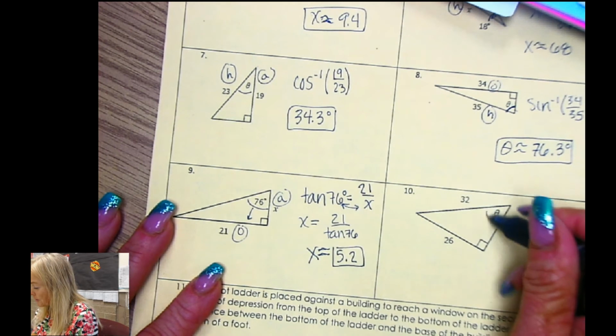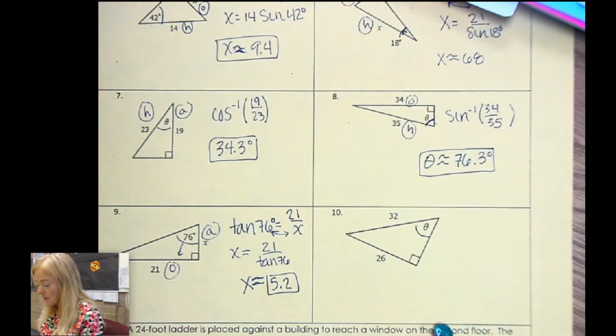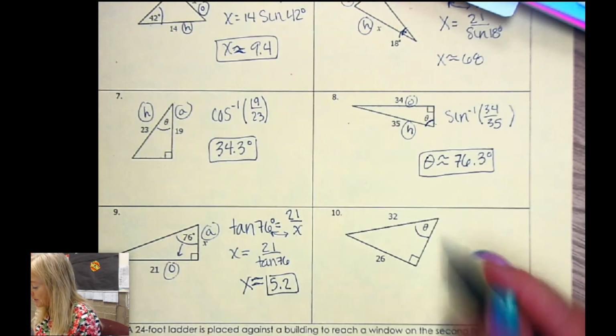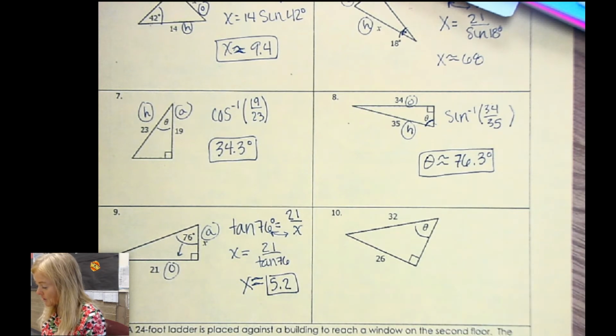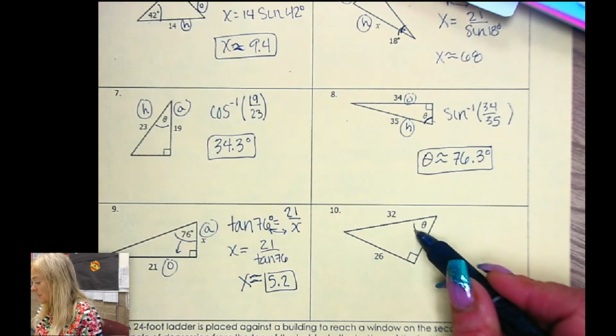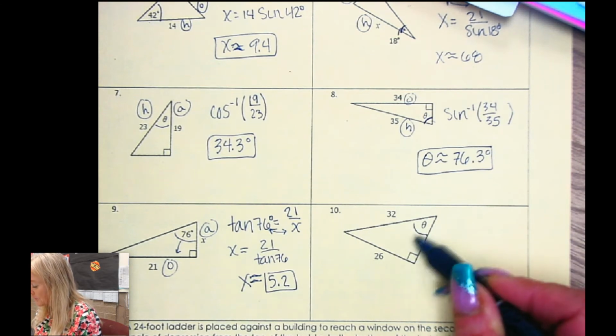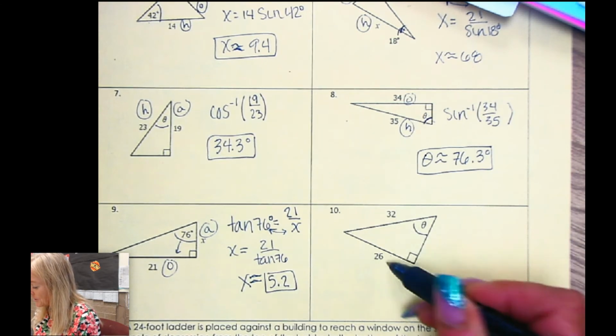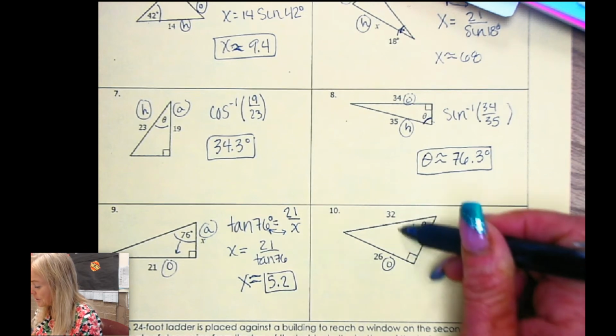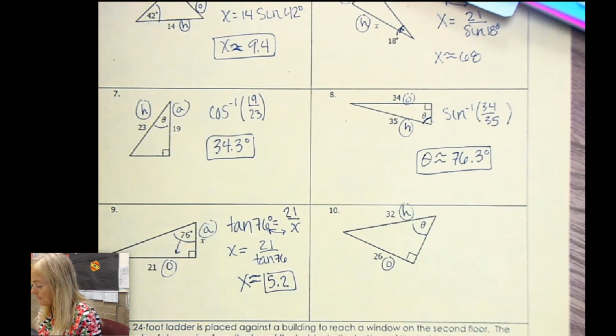And then the last problem in this section is number 10, and it has an angle measure you're looking for. So again, it's inverse. Find your opposite, adjacent, and hypotenuse. Across from the angle is 26, so it's opposite, and across from the 90 is 32, so it's hypotenuse.